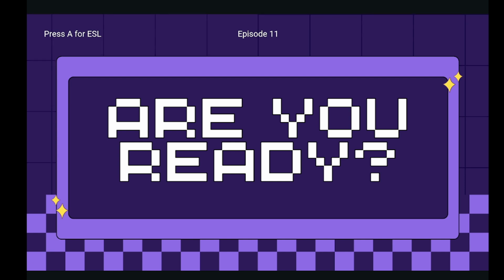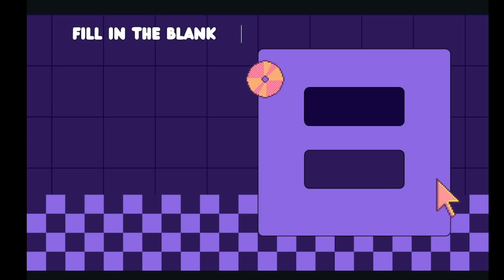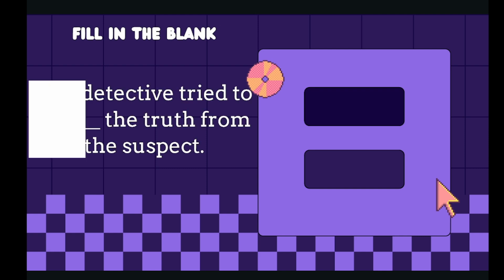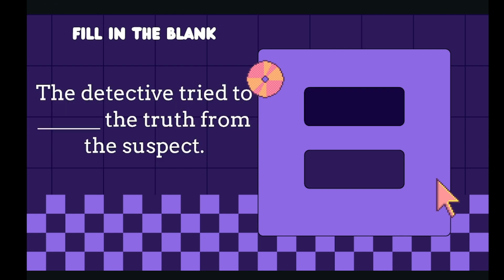Our question type is fill in the blank, and the sentence is, the detective tried to blank the truth from the suspect. So is it elicit or illicit? You got 30 seconds. Good luck.